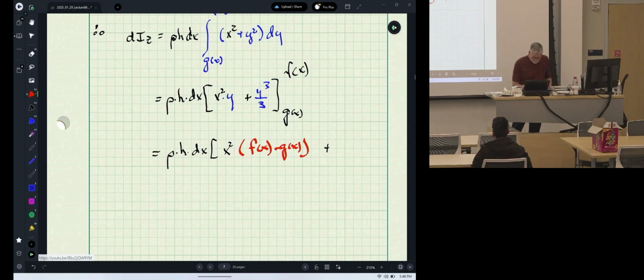I think so. This is f cubed of x minus g cubed of x all over 3.